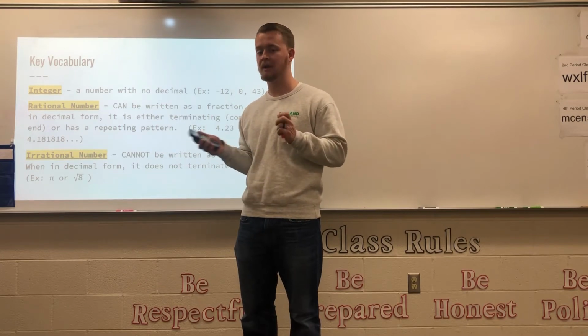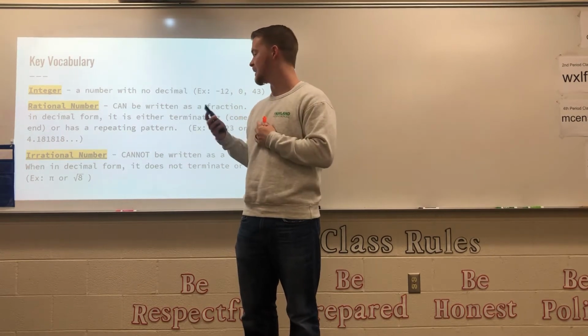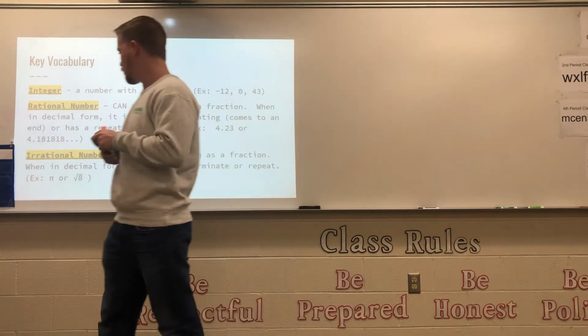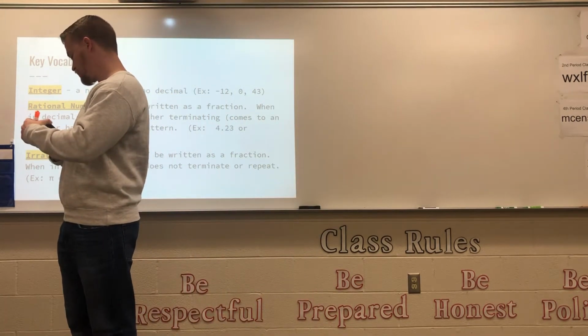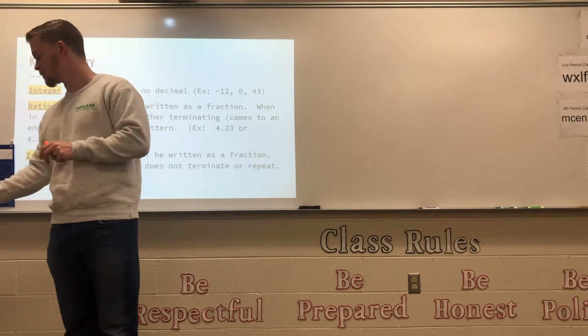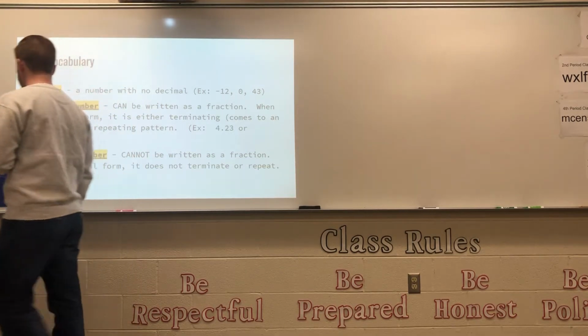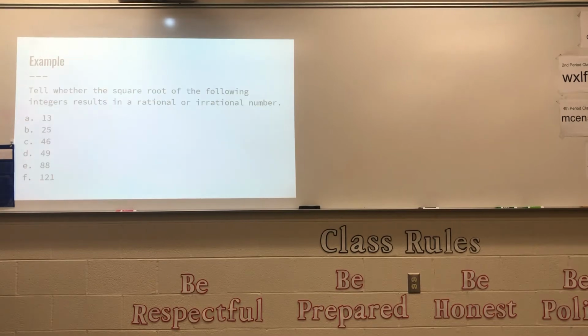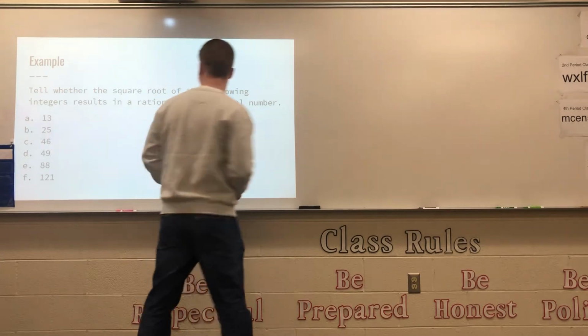It keeps going on, and it does not have a pattern either. So that is also irrational. It's very important to understand the difference between rational and irrational numbers because you will be asked the difference between the two.